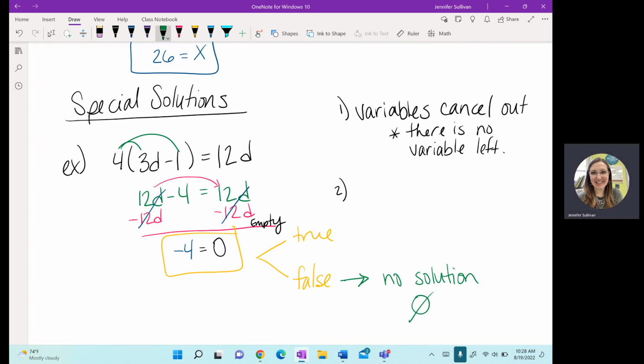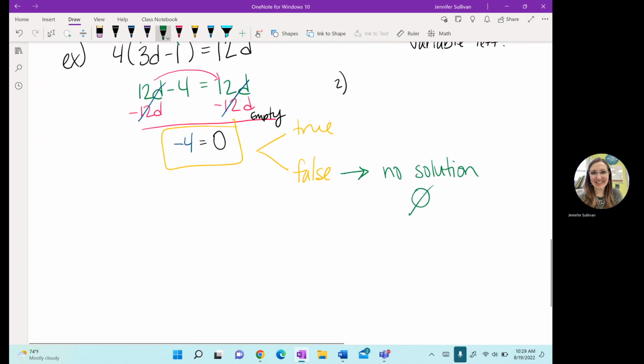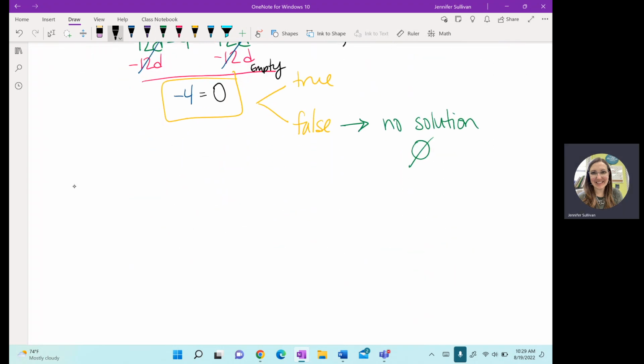Okay, well, let's look at what would happen if we had a true statement. So let's get a different example. If we have negative 2 times 4y plus 1 set equal to negative 8y minus 2.